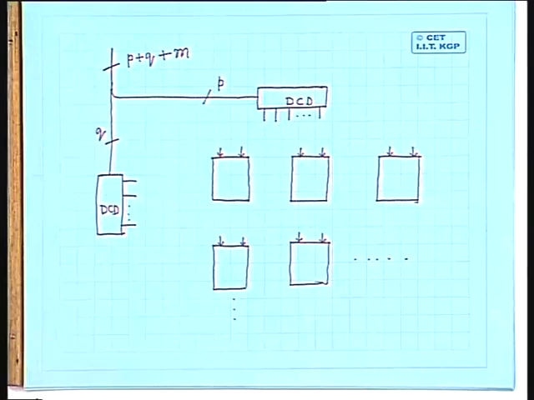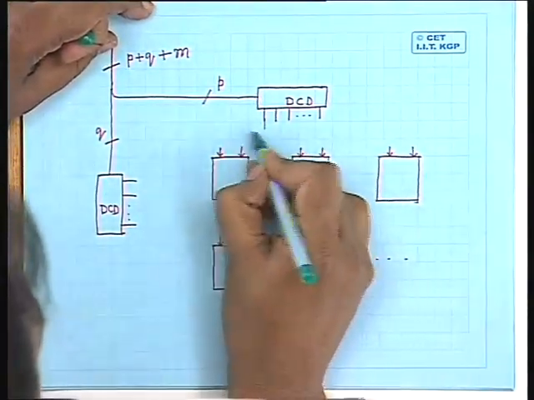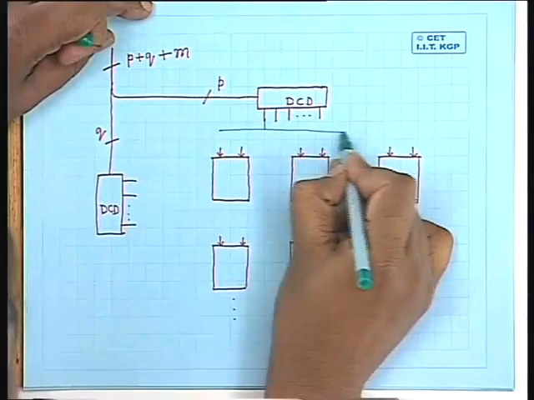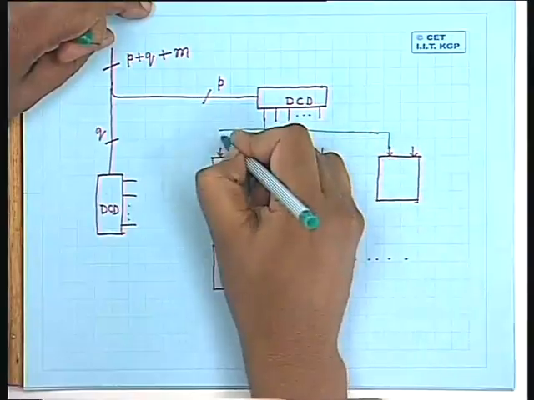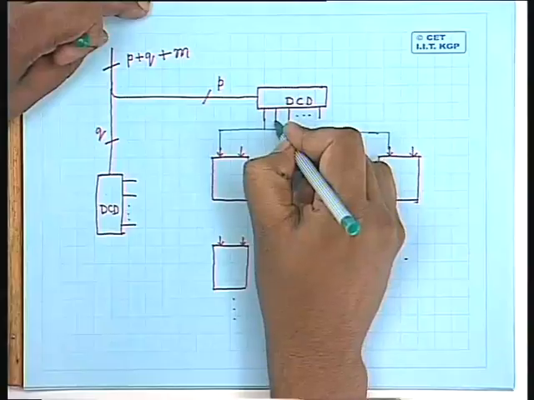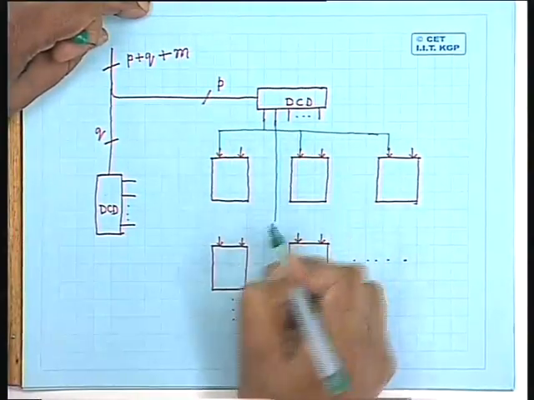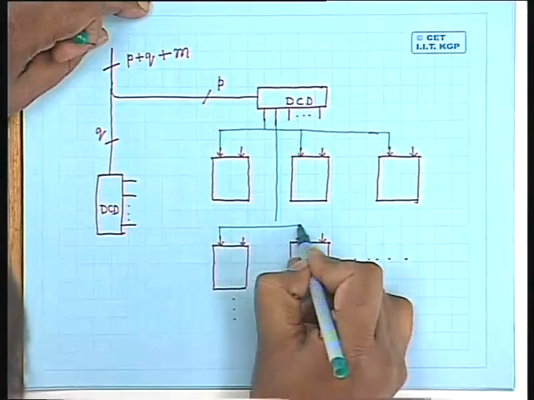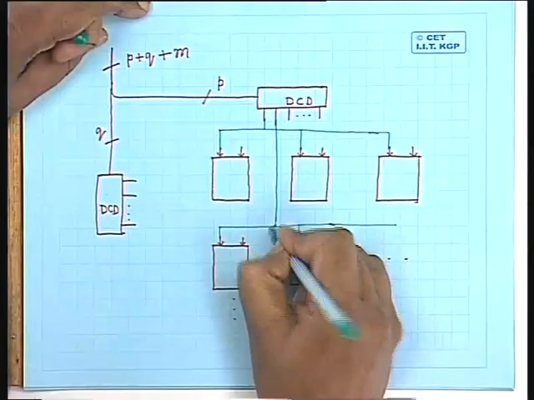Now the chip select inputs can be used like this: every decoder output will activate one of the rows. So I connect this here, this one here. Similarly, this decoder output can activate the next row, and this way it can continue.